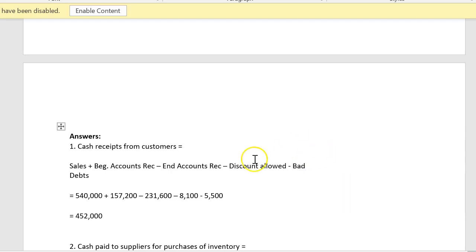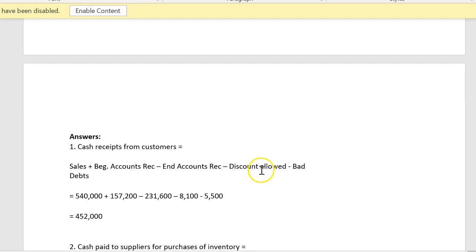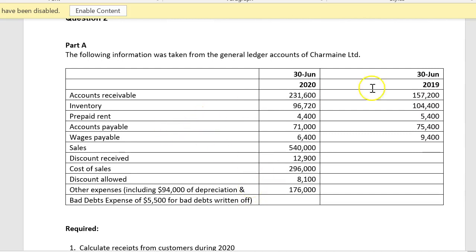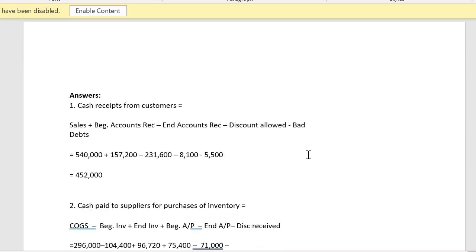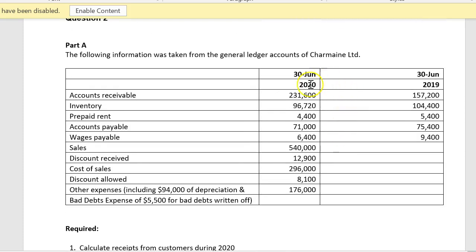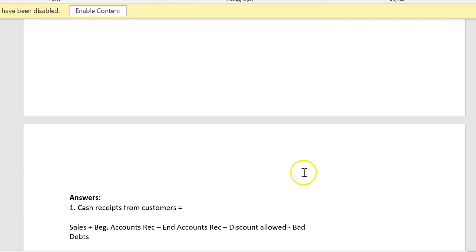Okay, so sales. There's only one sales figure, which is 540,000. And beginning accounts receivable, which is 157,200. And you minus closing balance of accounts receivable, which is 231,600.